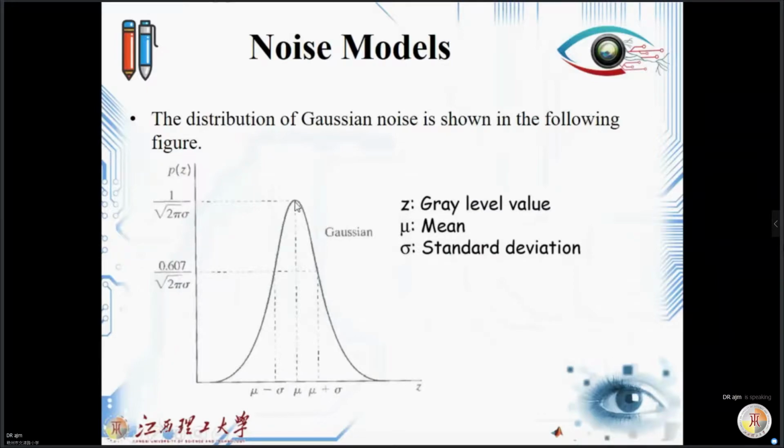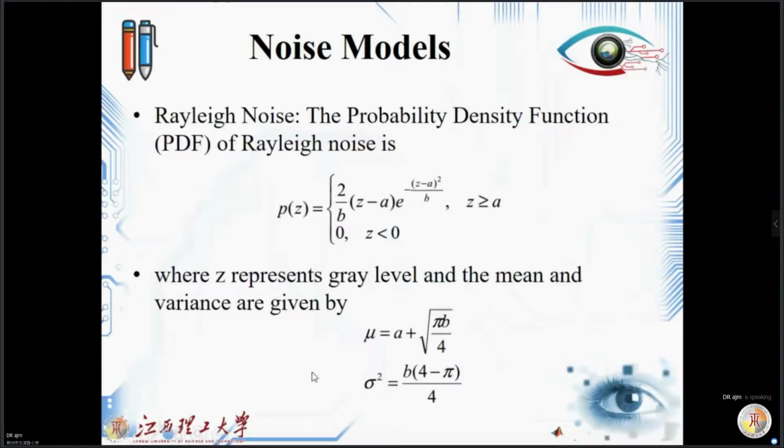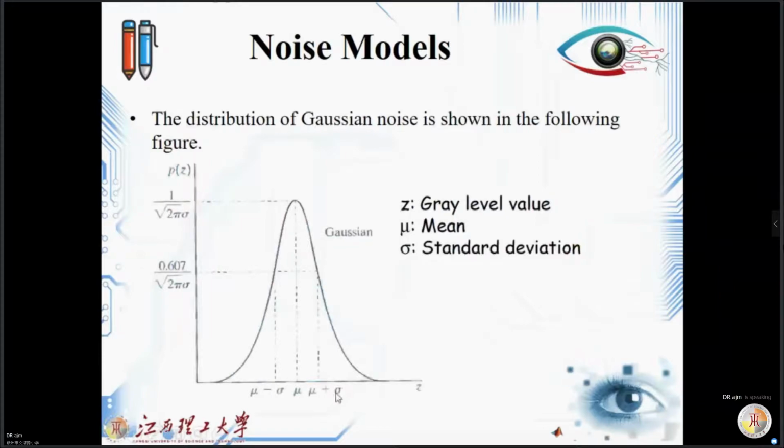And then we have the plus minus of the sigma, and the result of this noise distribution, we'll see the top value and also something like the mid of this value as shown in the figure.